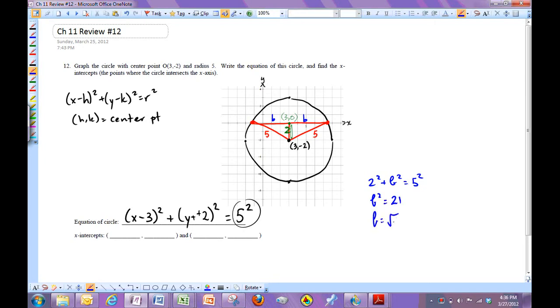So b is going to be root 21. And I'm at (3, 0) right here, and I'm going root 21 this way and root 21 that way. So I'm going to get (3 + root 21, 0) and (3 - root 21, 0). Since this problem doesn't specify, you could also give decimal versions of those answers. Okay.